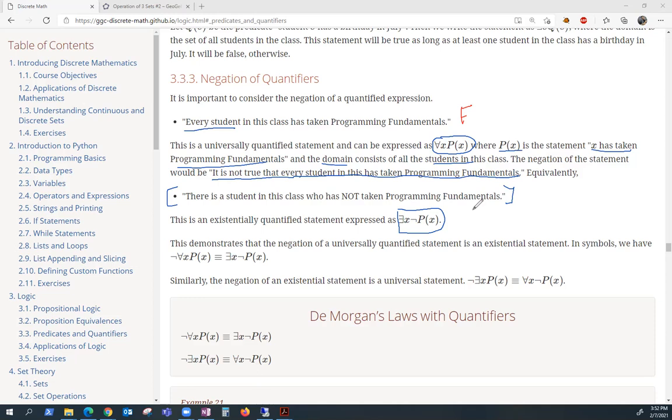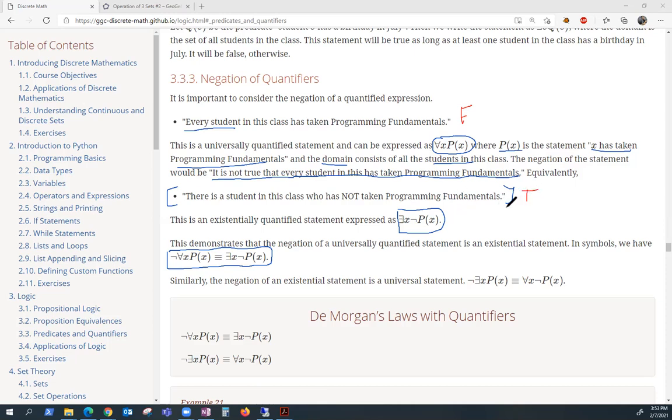Now, I want you to look at this. Our original quantified statement was for all x, p of x. That's false. Remember, if you negate a false statement, you get a true statement.